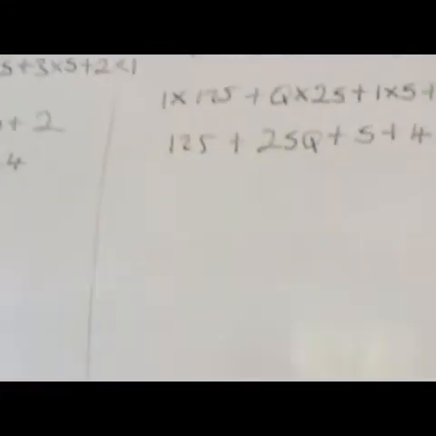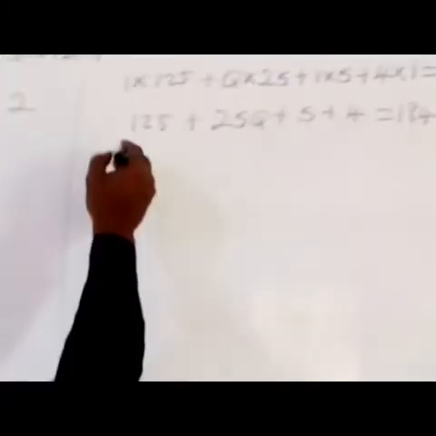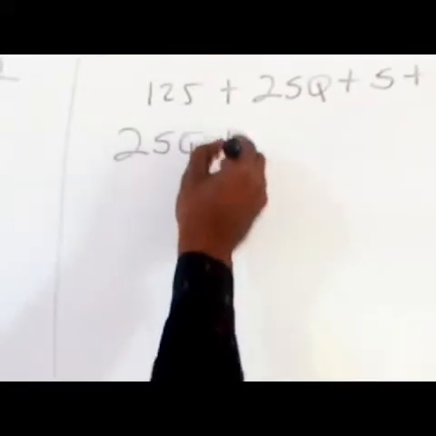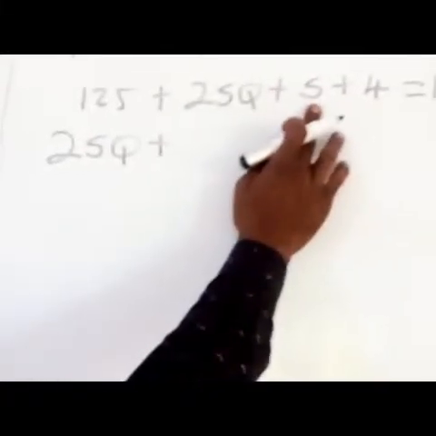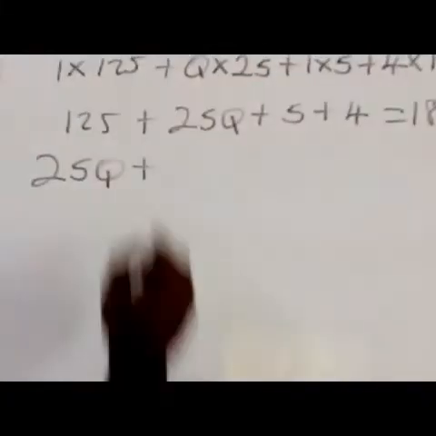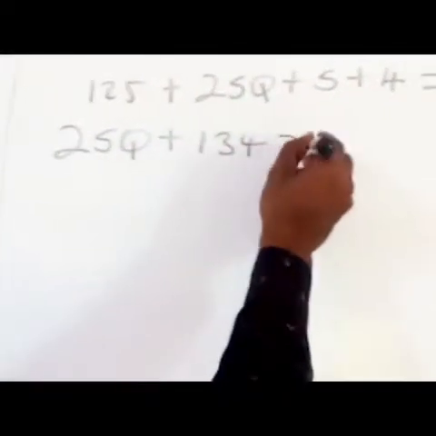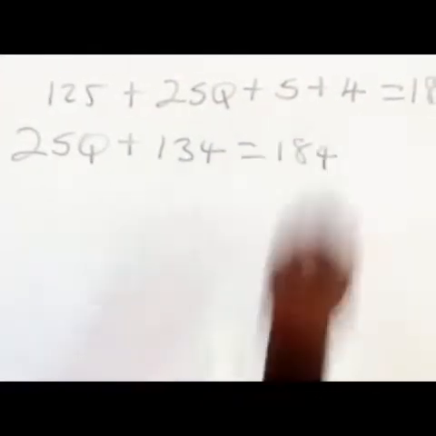So the next thing we need to do, let's add these numbers together. We collect our like terms, that is 25q plus 125 plus 5 we get 130, and 130 plus 4 we have what? 134. So we now have 25q plus 134 is equal to 184.